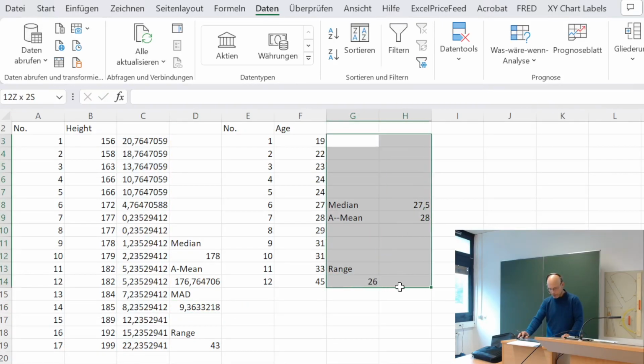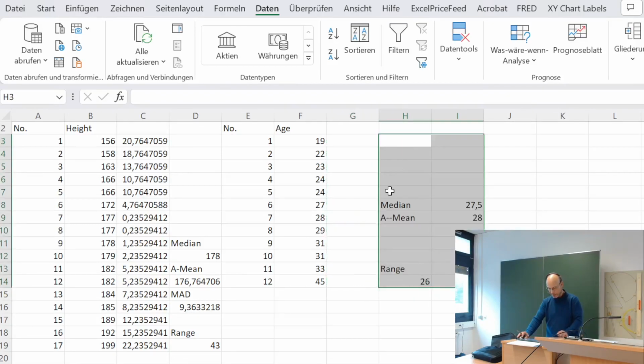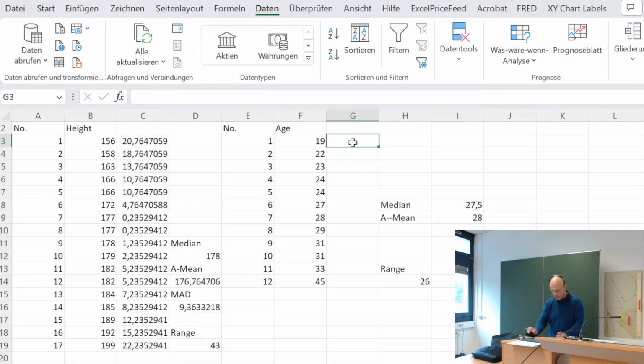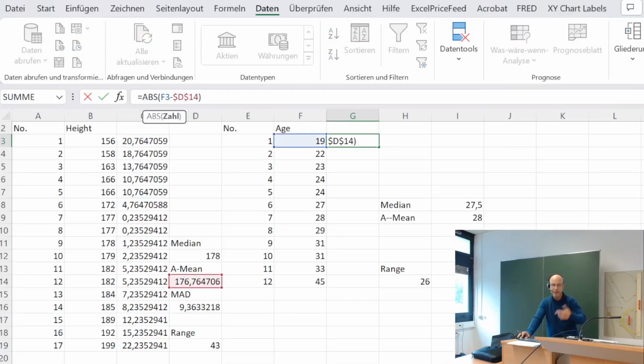And of course, this we want to do also with our second one. So here, since we already have this formula, we can just copy this formula here. But now you see that, of course, this is calculated with respect to the average of the other one.